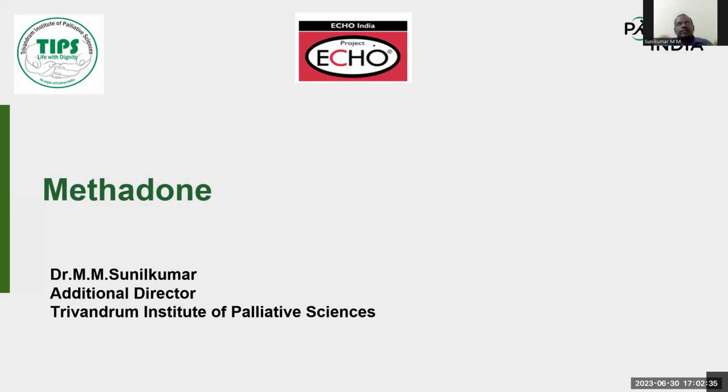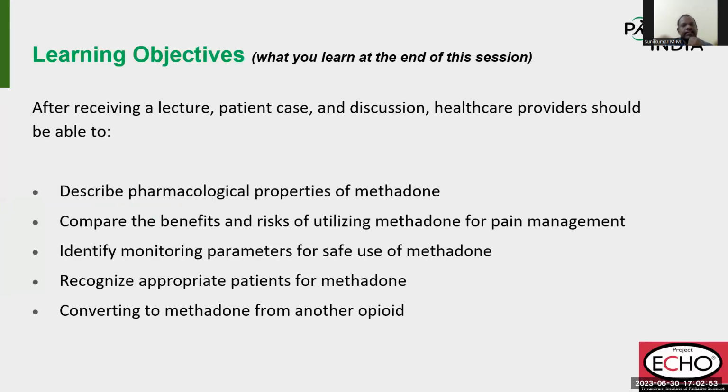Okay. So in the last class, we discussed step 3 opioids, morphine and fentanyl. But we have not discussed methadone, considering that it is a special opioid in step 3 of WHO analgesic therapy. And we will be talking about what is the difference of methadone from other opioids.